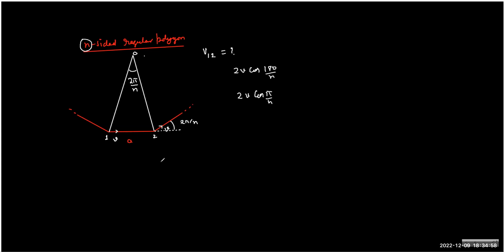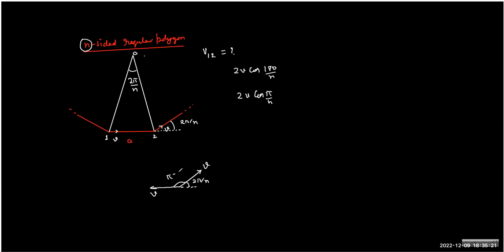So the answer is simple. We have one V like this, and for the other V, I can just reverse it. I can do it anyway, because what we are finding is the relative. And this angle is, so this will be how much?